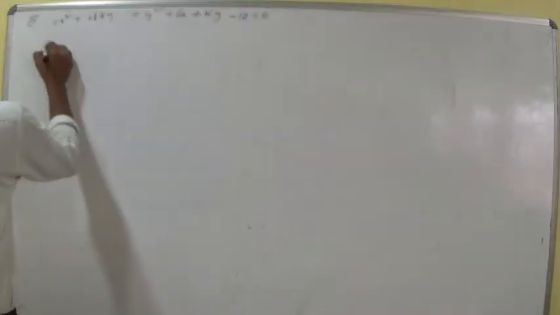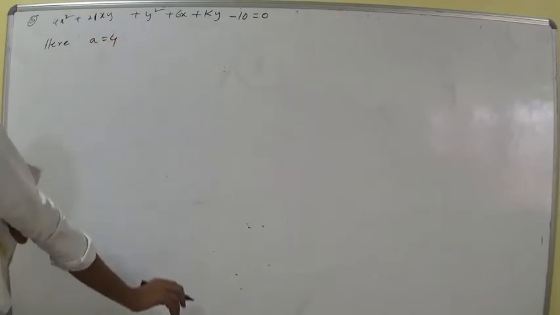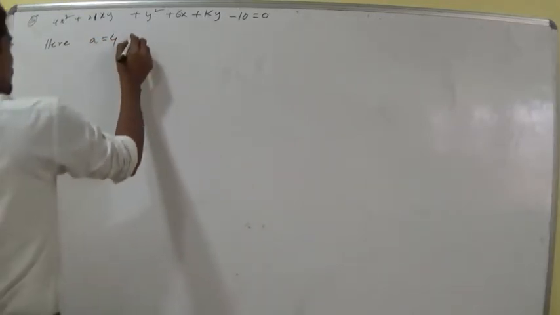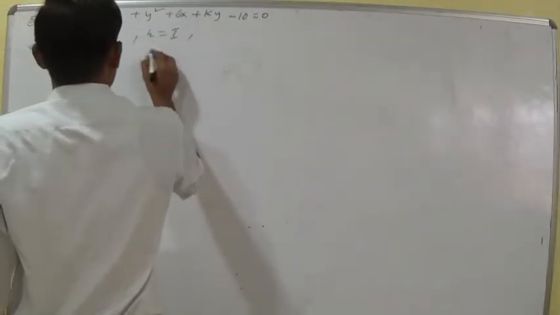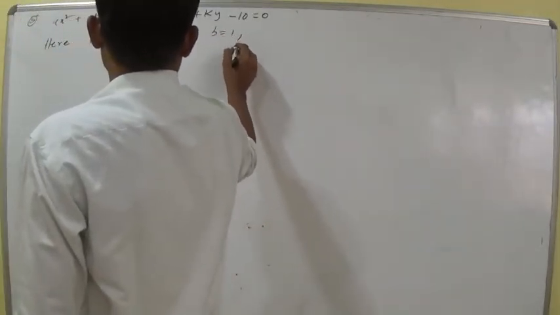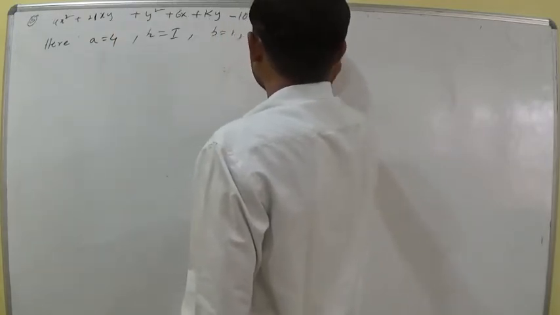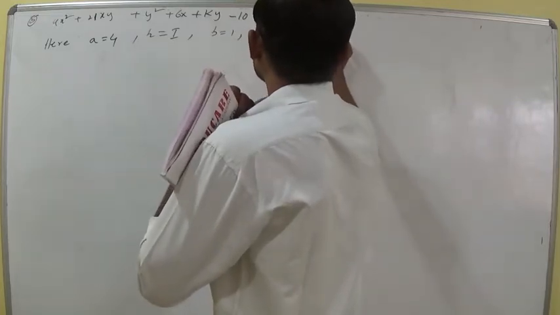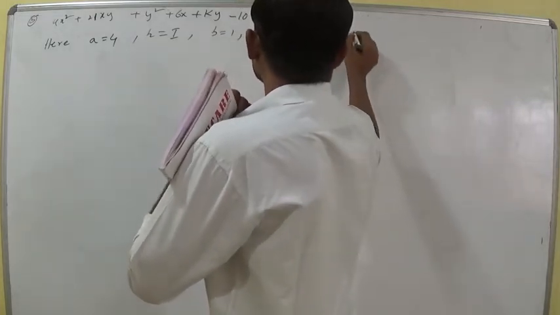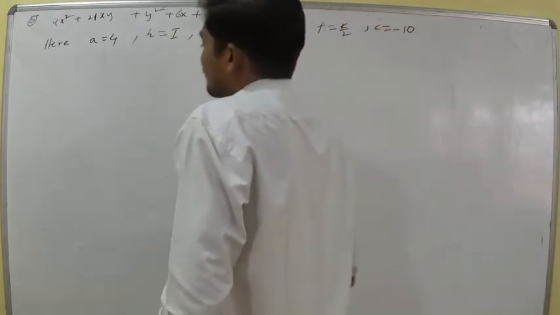So here a equal to 4 and h is equal to l, b is equal to 1, g is equal to 3 and f equal to k by 2, c is equal to −10.